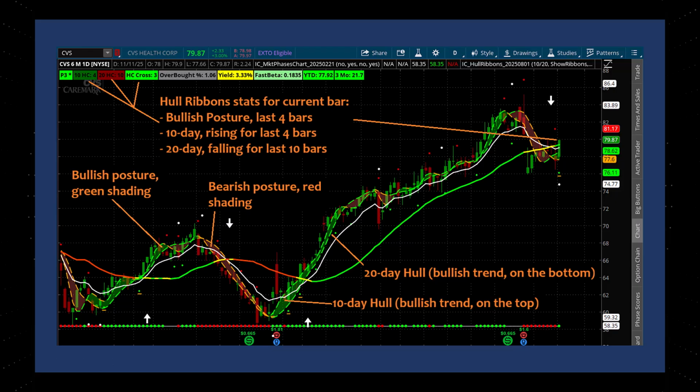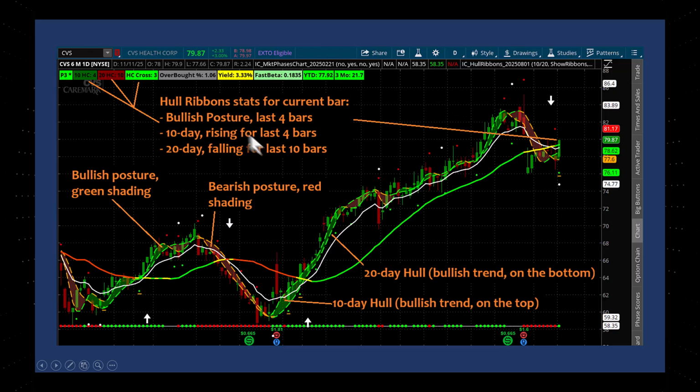The 20 has been falling for the last 10, and we've had a crossover 3 days ago. The brighter colors mean it's happened within the last 3 days. So as soon as this goes to day 4, it's going to turn dark green.